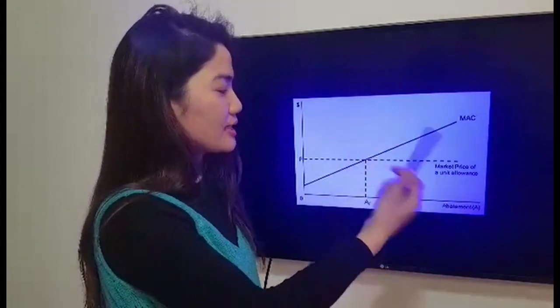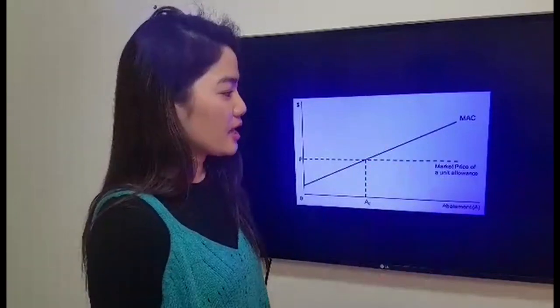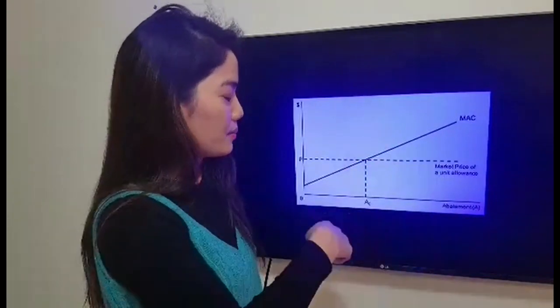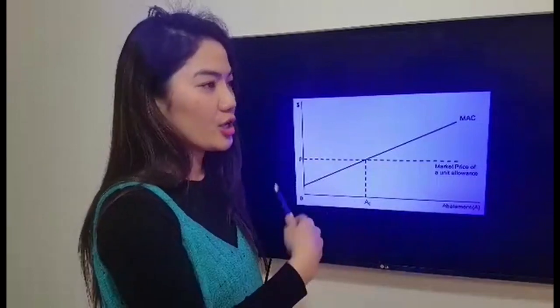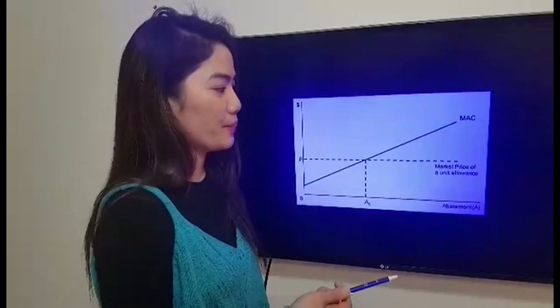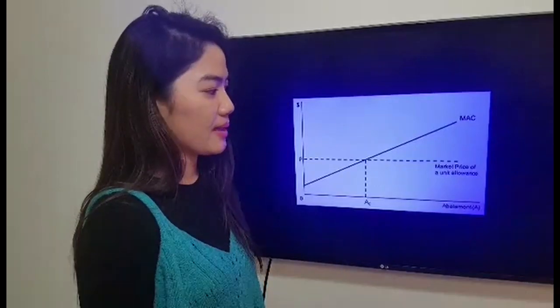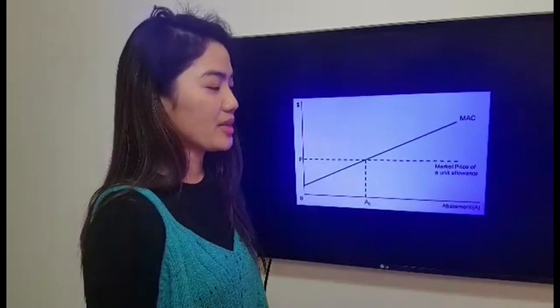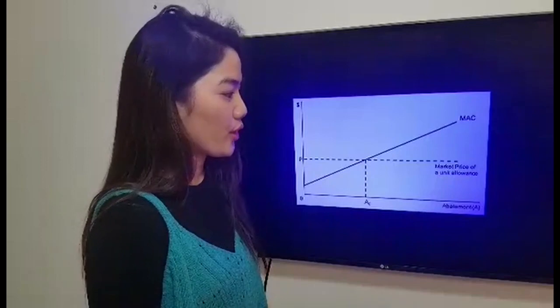And then on the other side, the abatement demanders could buy the abatement allowance in order to release more emissions instead of having to abate more.